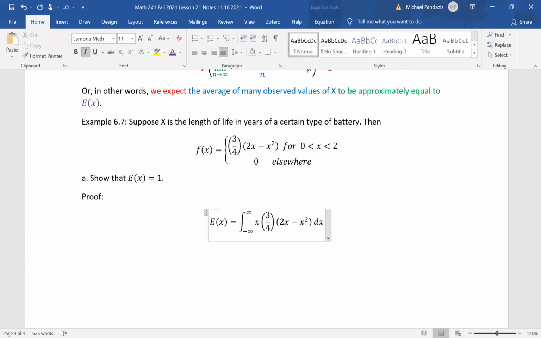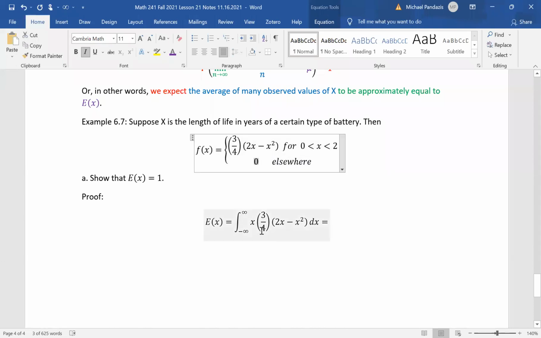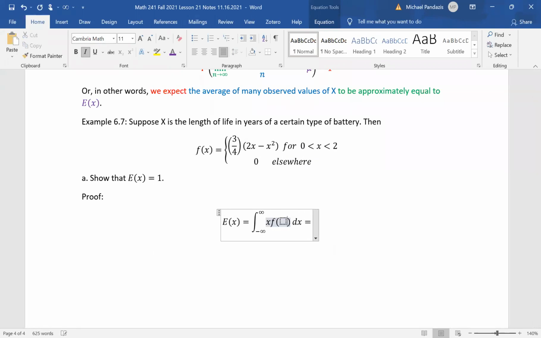And so this is equal to, well, remember your PDF f of x is 0 outside of 0 to 2. It's f of x, that's by definition.